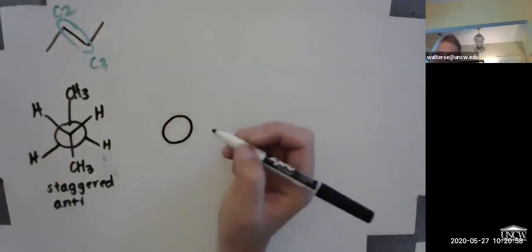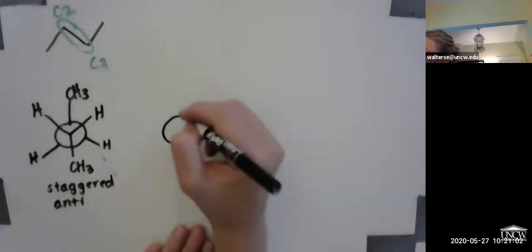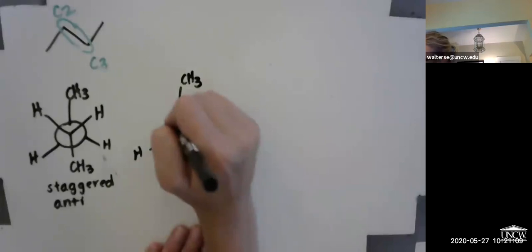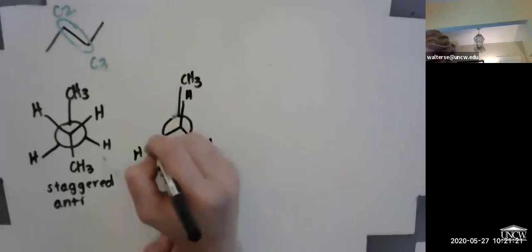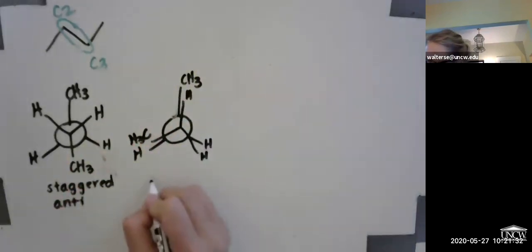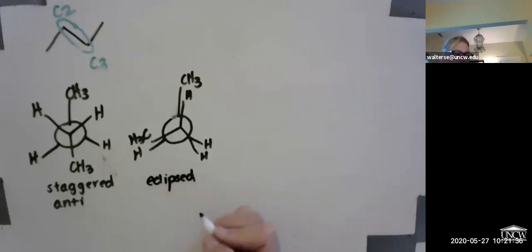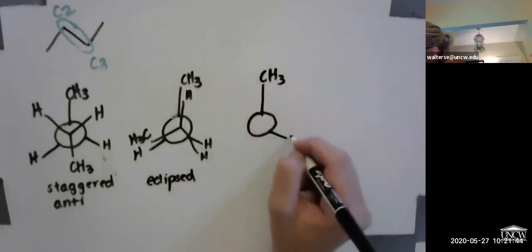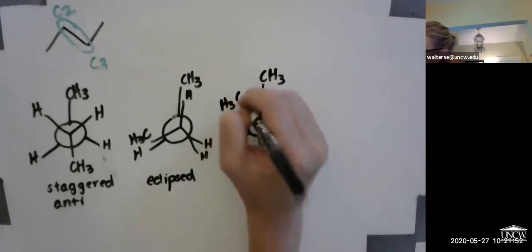Then we rotate by 60 degrees, and you get to an eclipsed conformation. You rotate again. Okay.